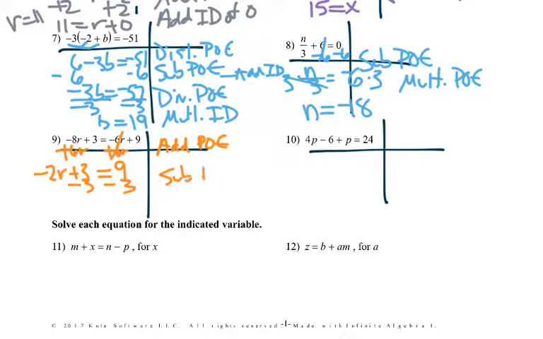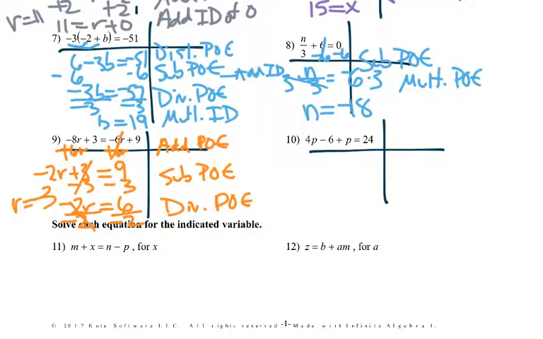The subtraction property of equality. Okay, giving me -2r plus 0, but I dropped the 0. 9 minus 3 is 6. Divide by -2 using the division property of equality. And we get 1r, which we can just write as r, equals -3. And that multiplicative identity lets us just write it as the -r.